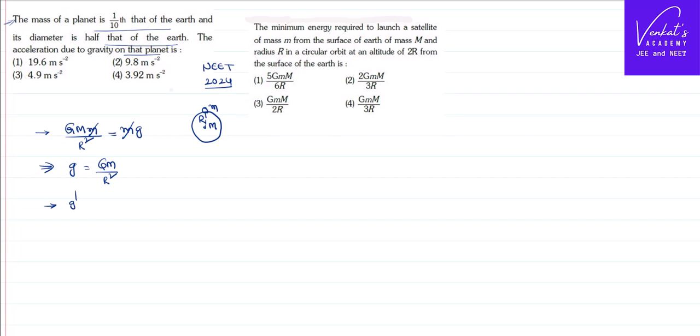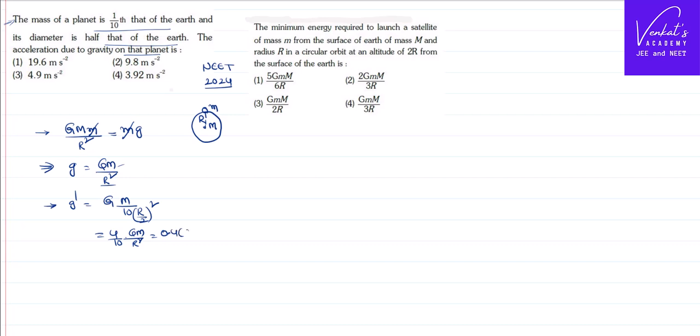Taking that, g dash on a different planet: M is 1/10th of the mass of the Earth. Diameter is half, means radius is also half, so r by 2 whole square. That is 4/10 of GM by r square.